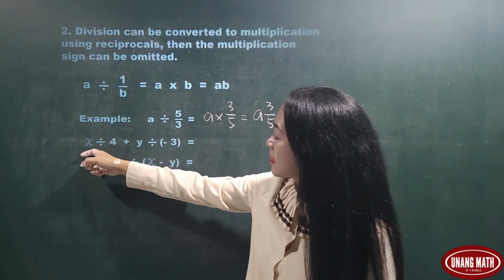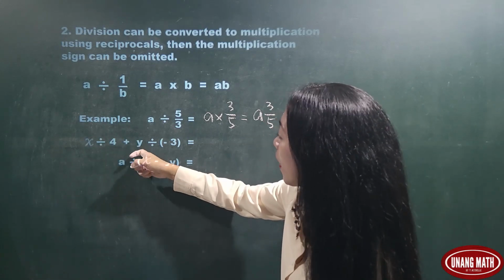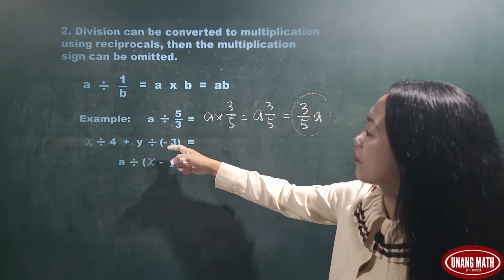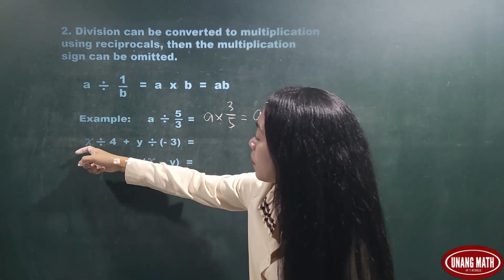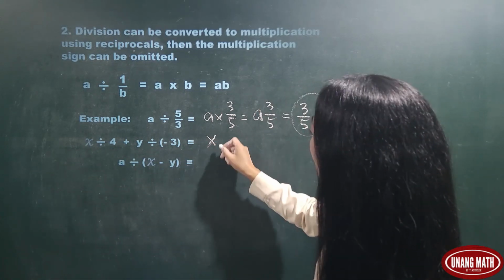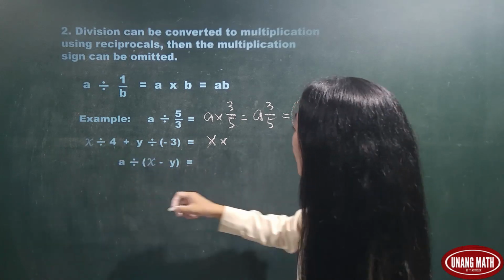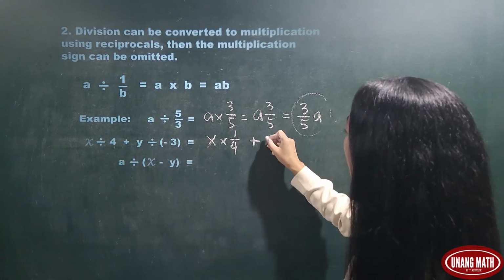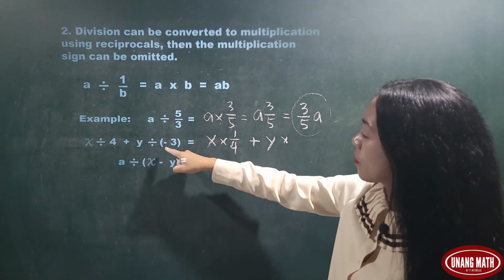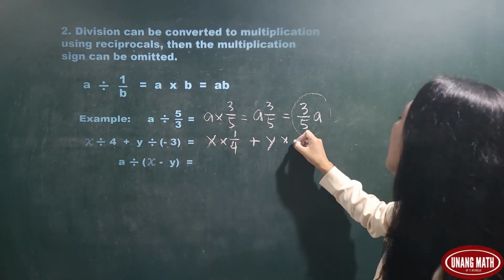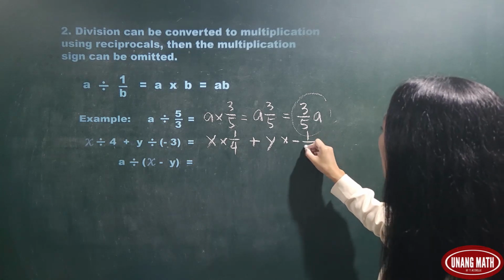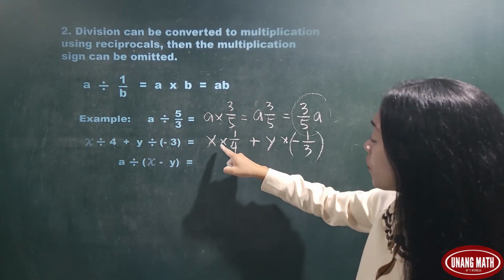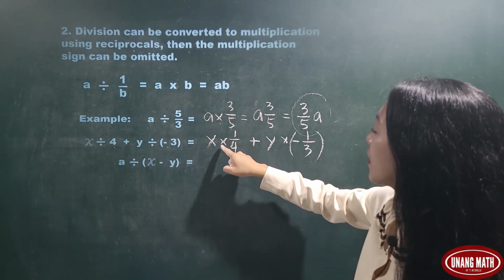How about x divided by 4 plus y divided by negative 3? So x times the reciprocal of 4, which is 1 over 4, plus y times the reciprocal of negative 3, which is negative 1 over 3. We can just remove the multiplication signs.